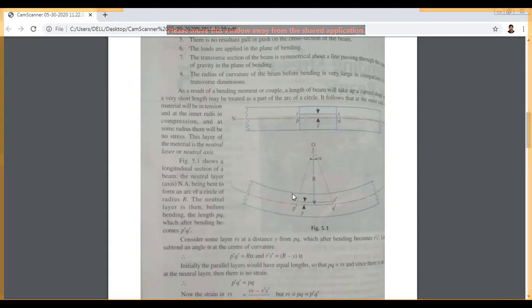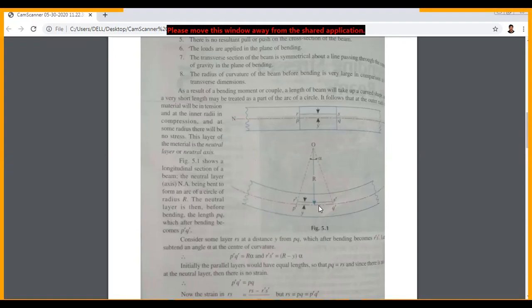After bending, the top will contract and shrink, but the lower or bottom surface will expand like this. We can see here this is the top and this is the bottom. In between these two, top and bottom, we have a plane called the neutral plane that will neither shrink nor expand. So this is the neutral plane or NA, the neutral axis.